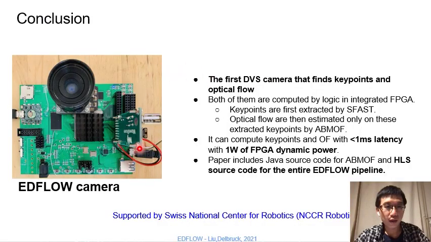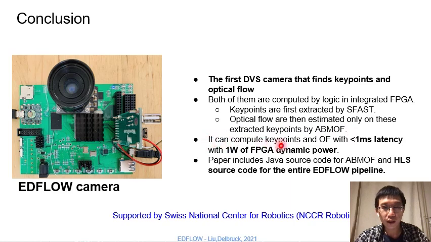To conclude, the Edflow camera is the first camera that finds key points and optic flow. Both of them are computed by logic in an integrated FPGA. Key points are first extracted by SFAST. Optic flow is then estimated only on these extracted key points by adaptive block matching optic flow.